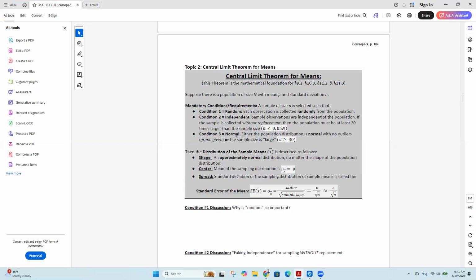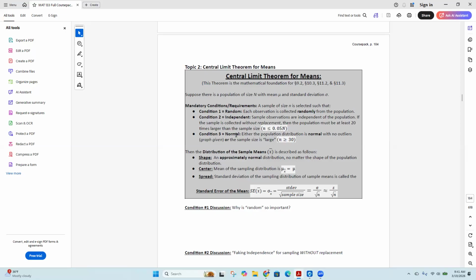We are going to be looking at those throughout chapter 8, where we're introducing this concept. But we are also going to be talking about those conditions for chapter 9, chapter 10, and chapter 11, because in order to do the stuff in chapter 9 for confidence intervals and hypothesis testing in chapter 10 and 11, we have to satisfy that the central limit theorem applies.